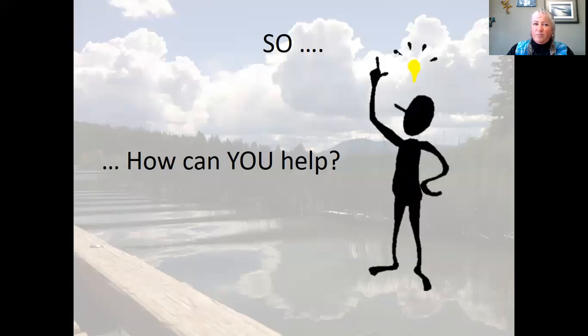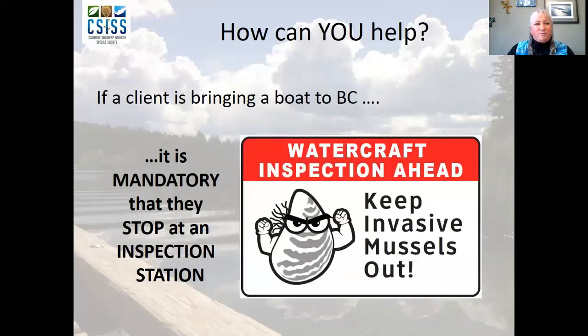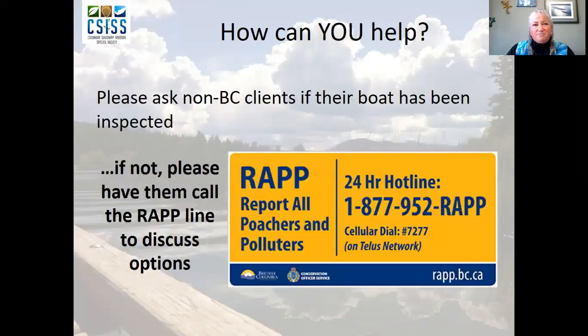So how can you help? Well, first of all, to prevent invasive mussels coming into BC, it's very important to inspect all watercraft coming into BC because mussels like to cling to boats. So we want to use those inspection stations to keep invasive mussels out. And in fact, it's mandatory for all boats entering BC to stop at an inspection station.